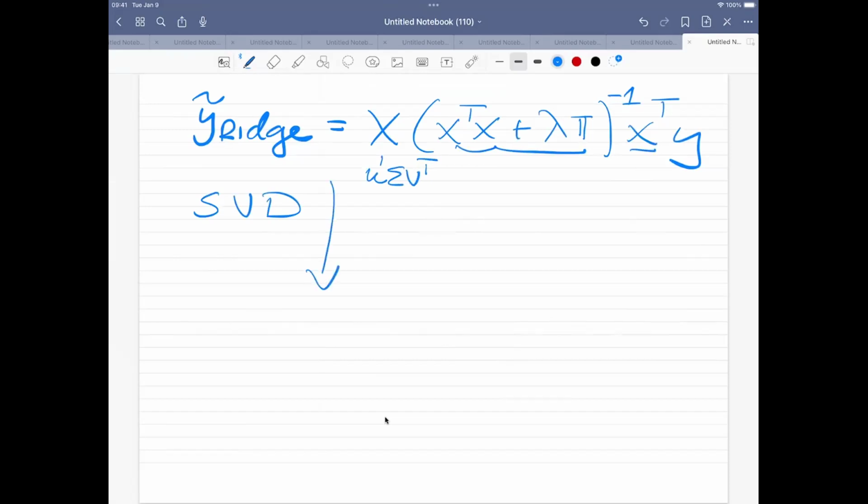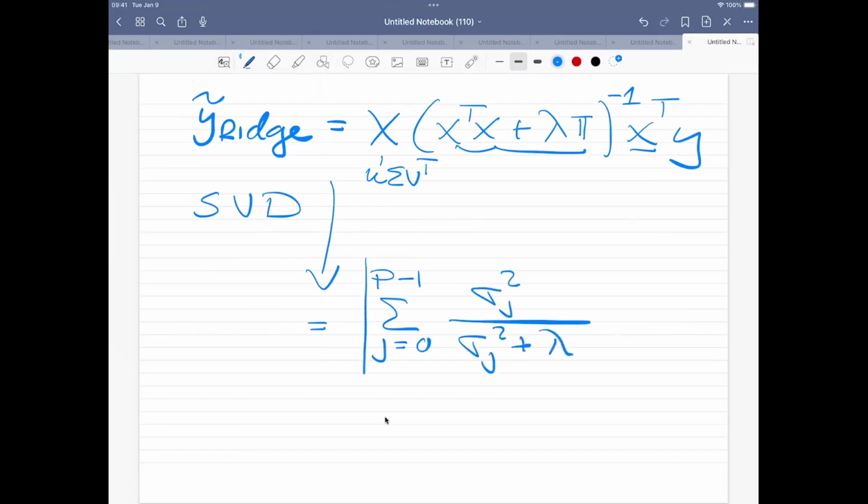And then the final result you will get is this one. You get a sum over the singular values, where you have sigma j squared divided by sigma j squared plus lambda. And this is multiplied with the old vector y.